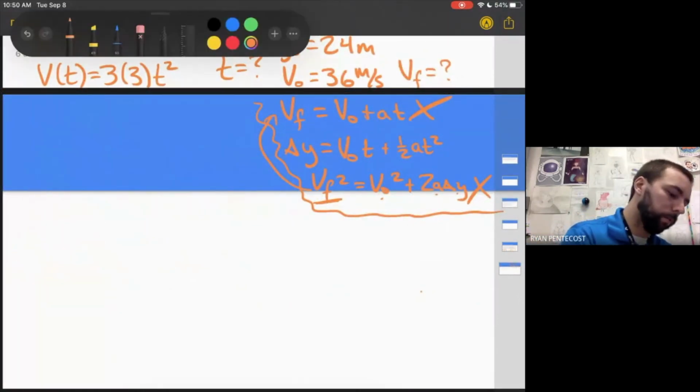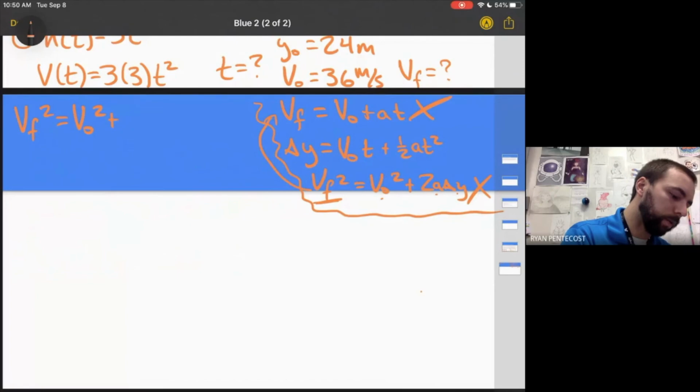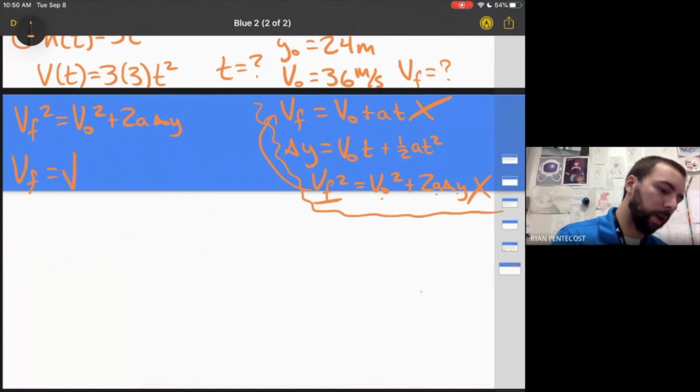So we need v final squared equals v naught squared plus 2a delta y. Solve for v final, so just take the square root. Our v naught is 36, so we have 36 squared plus 2 times our acceleration, which is negative 9.81 because it's in free fall. And delta y, it is falling negative 24 meters.